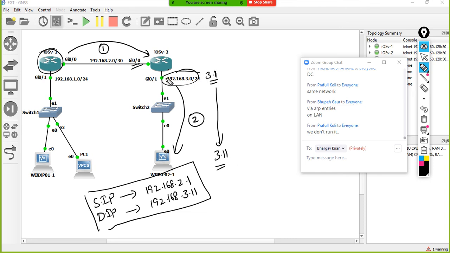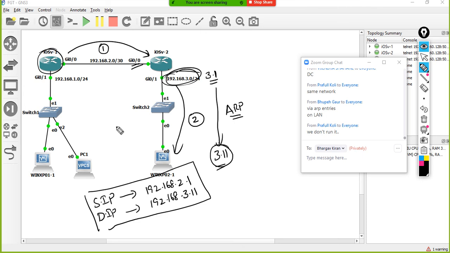So whenever this device wants to talk to another device in the same network, it does the ARP. Then immediately the request will go there, right? Then it will reply back, right or wrong? Ma'am, do you understand or not?